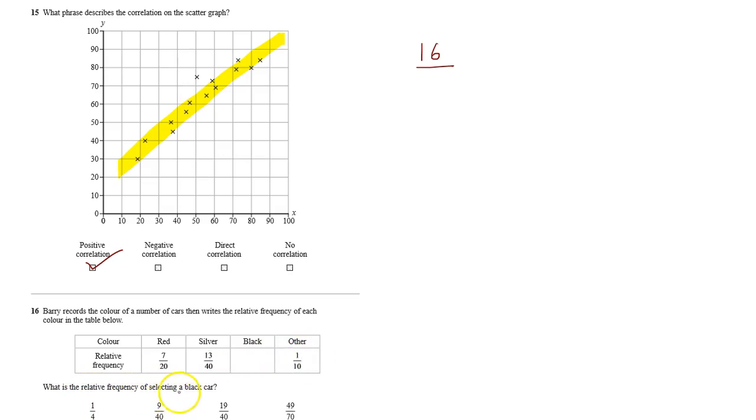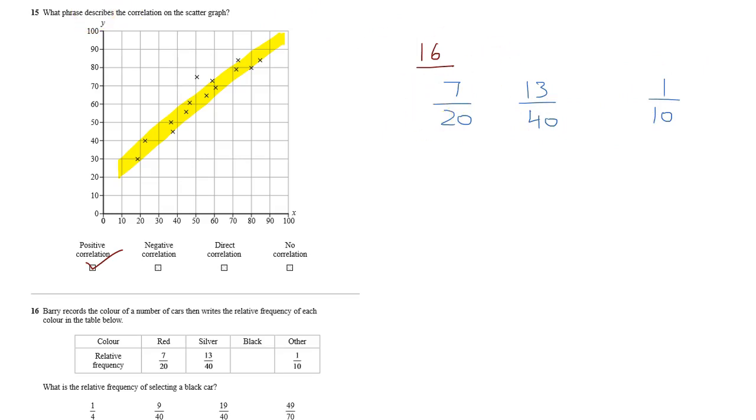What is the relative frequency of selecting a black car? So given frequencies are 7/20, 13/40 and 1/10. Let's make all the denominators the same.